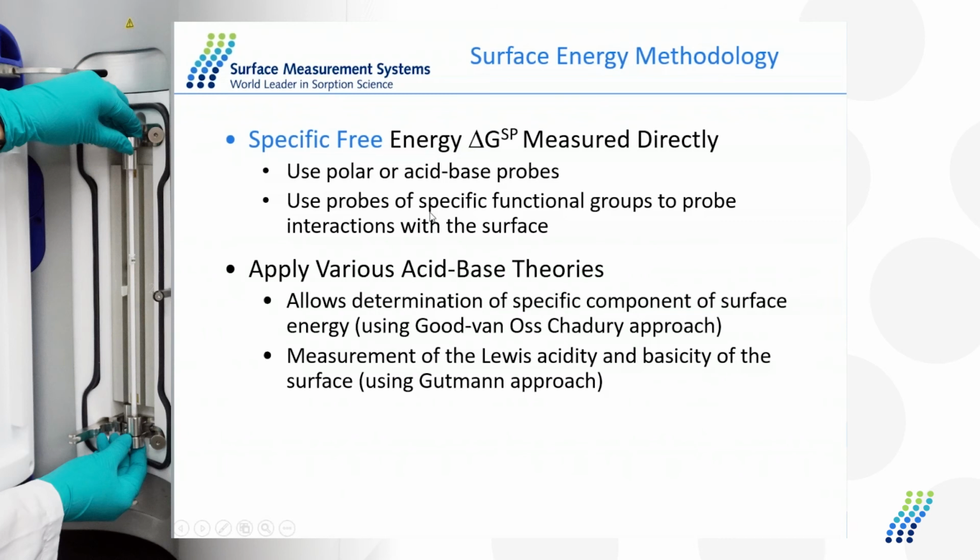I'm not going to go into detail of all the different acid-base theories. If you have questions or specific things with that, please message us or send us in the chat. But the bottom line is you inject a few nonpolar molecules to get the nonpolar surface energy, then some polar or acid-base molecules to get the acid-base component of the surface energy.